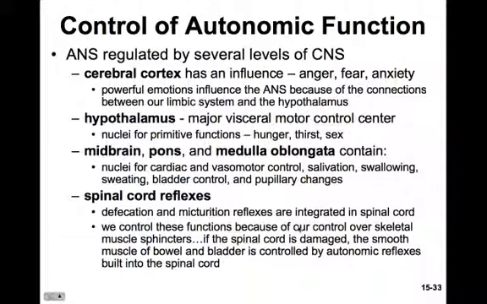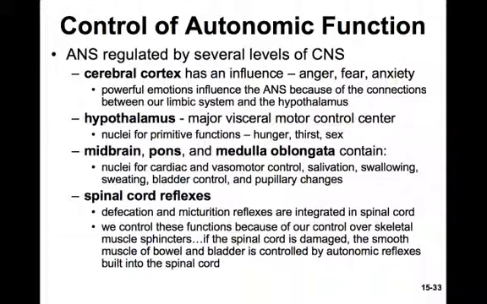The major control center of the visceral motor system, or the autonomic nervous system, is the hypothalamus. It contains many nuclei for primitive functions, things like hunger, thirst, and sex, as well as thermoregulation and emotions.